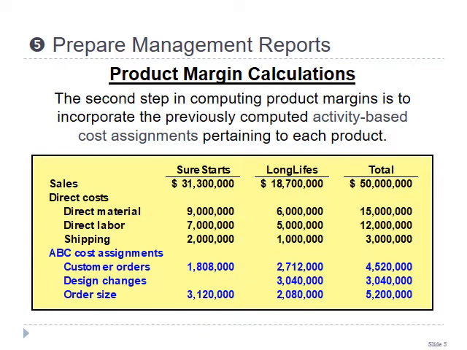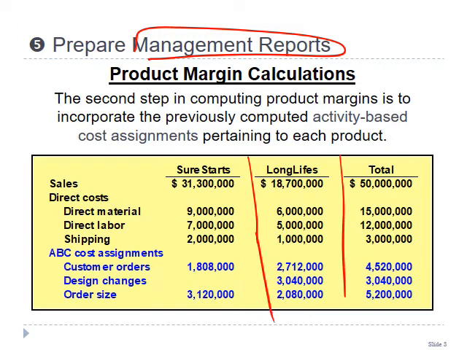So let's prepare our product margin calculation, or management report, in which you find out the product margin. We know from our ABC data that for Sure Start our customer order cost is 1.808 million, design changes are 0, and order size is 3.120 million.